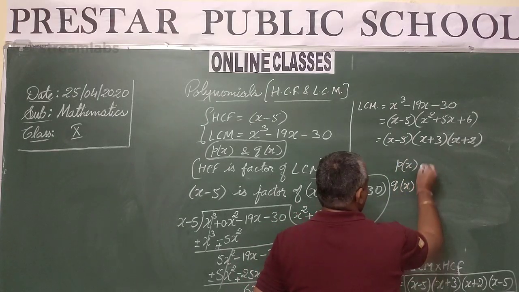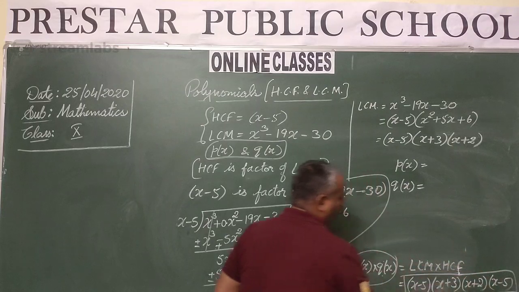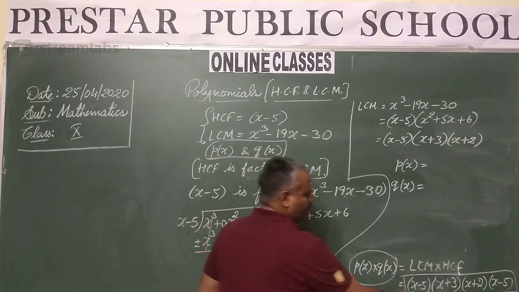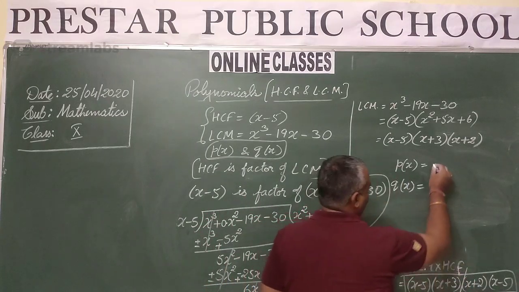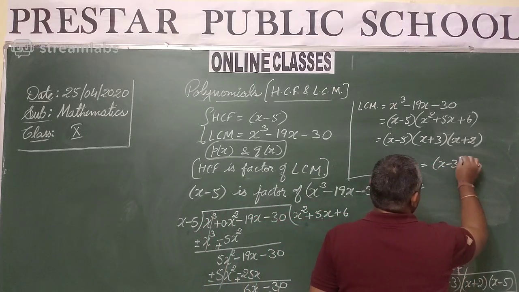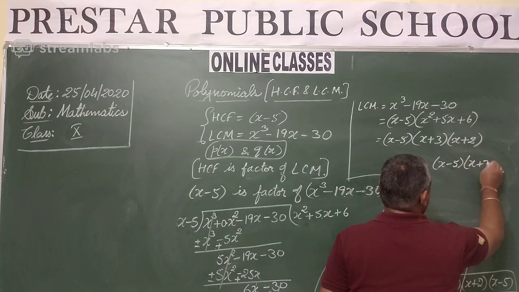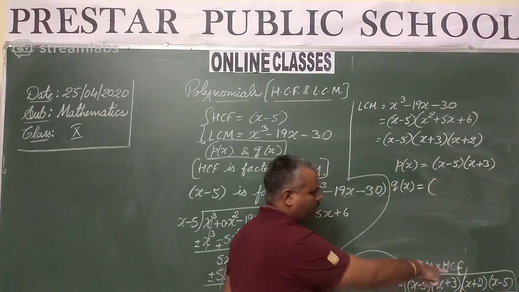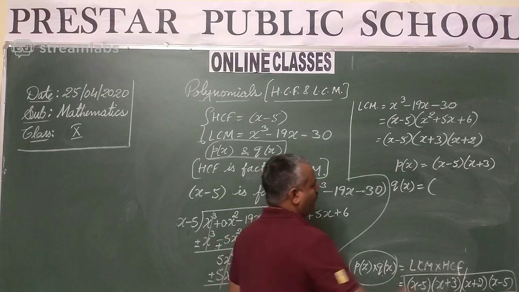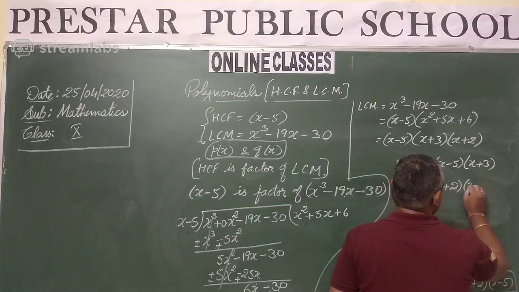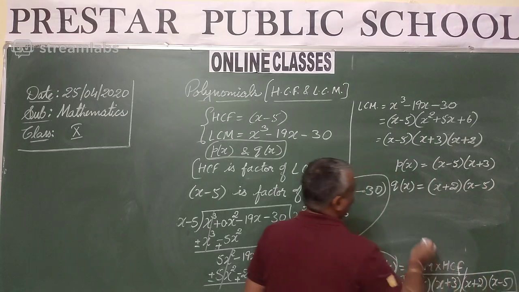So just to get the two expressions, we will divide these four expressions into two parts. Say x minus 5 and x plus 3 as one part, so that will be your first expression, and x plus 2 and x minus 5 in the second part, which will become your second expression.